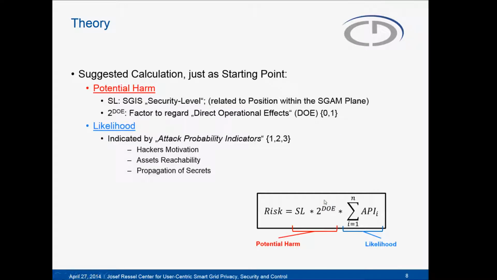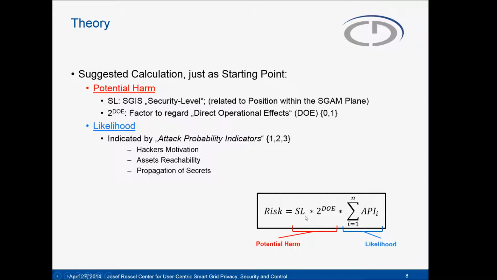What we did now for the calculation of the risk is we created a simple formula which could be used as a starting point for your individual considerations. So this formula basically considers the two factors potential harm and likelihood. So the potential harm here is given by two terms.